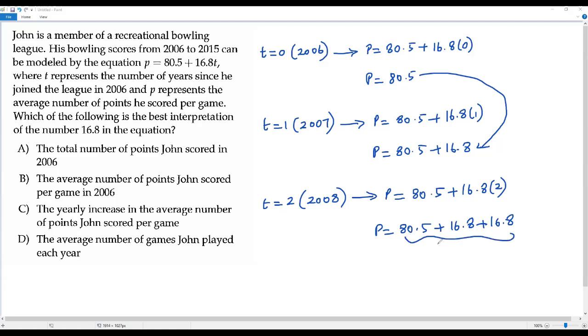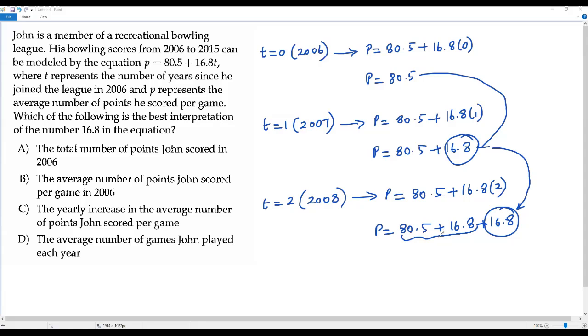The sum of 80.5 and 16.8 represents the average in 2007, but it has been increased by 16.8 again. From 2007 to 2008, the average points scored per game is increased by 16.8. The pattern clearly shows that every year the average number of points John scored increases by 16.8.